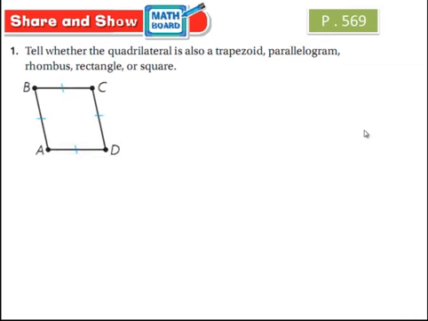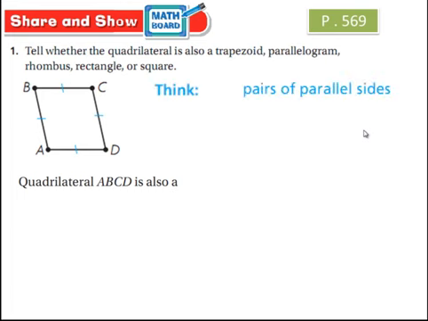Here in this question you have this figure. You should tell me quadrilateral ABCD is also what? Is it also a trapezoid, parallelogram, rhombus, rectangle, or square? Let's see.